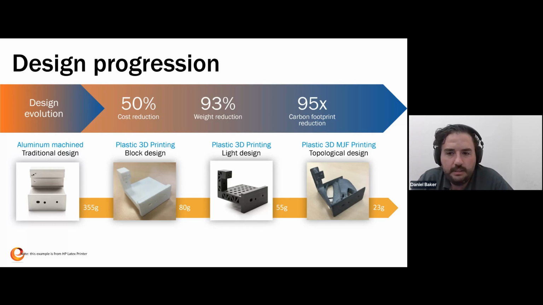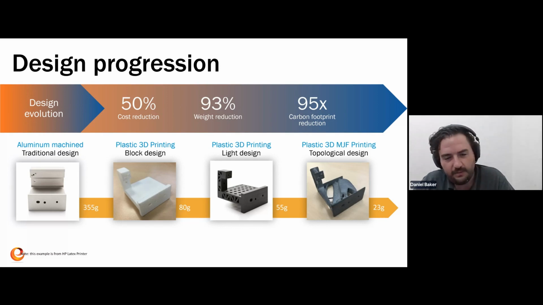It's a progression. So through this progression, we start with traditional machined aluminum. We then print that exact or very similar part as a plastic 3D printed part. Then we want to start to cut weight and cost out of it. So we lightweight it either through latticing or just simply removing volume from the inside of the body.